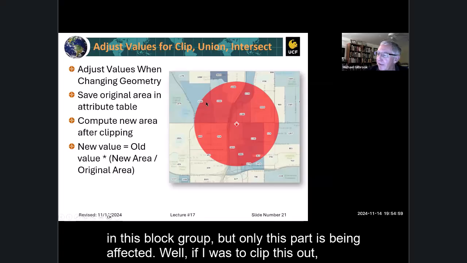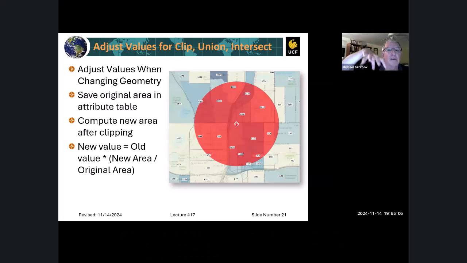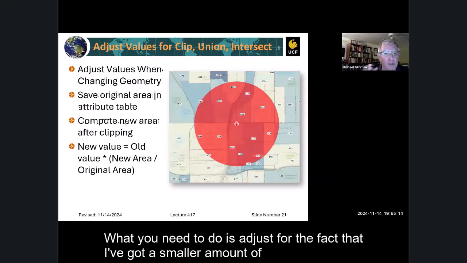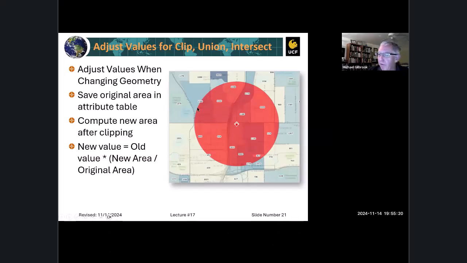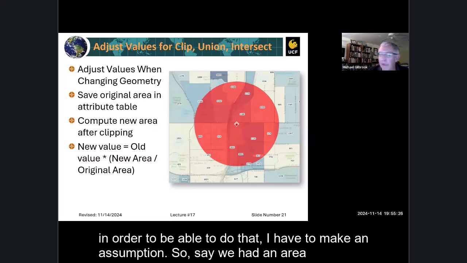If I was to clip this out, this part right here would still say 1,766, because the data retains the original amount that was in the original data set. So the clip is going to have the wrong number in it. What you need to do is adjust for the fact that I've got a smaller amount of area and therefore a smaller proportion of the people in there. Now, in order to be able to do that, I have to make an assumption.